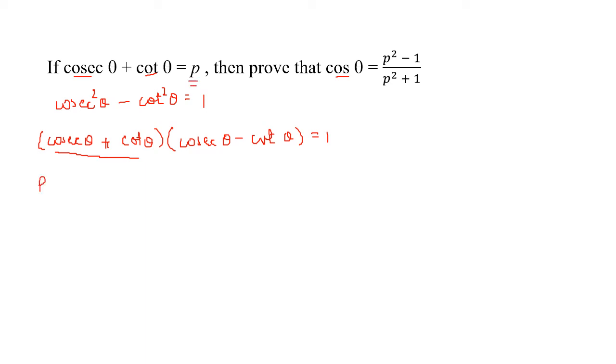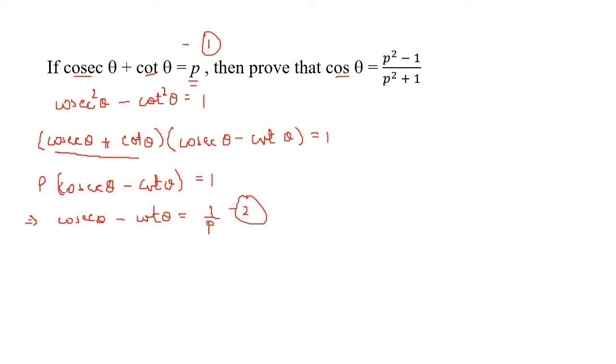So we have p into cosec theta minus cot theta equal to 1, which implies cosec theta minus cot theta equal to 1 upon p. So this is my equation 1 and this is my equation 2.